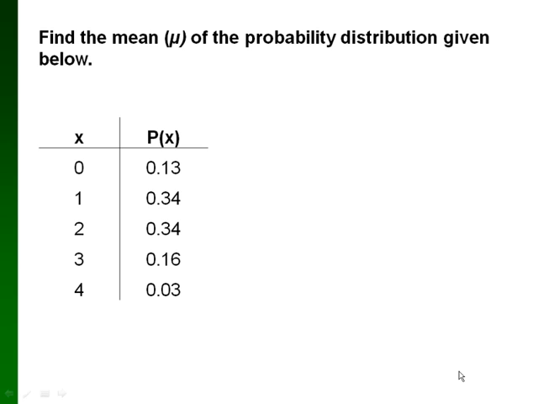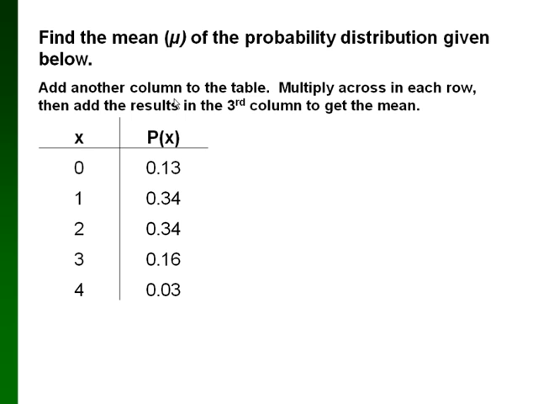So here's an example of one way to find the mean of a probability distribution. We have our probability distribution here, and what we're going to do is just add another column to this table. Once we get our third column, we're going to take each value of x, multiply it by its probability, and put that result in our third column.